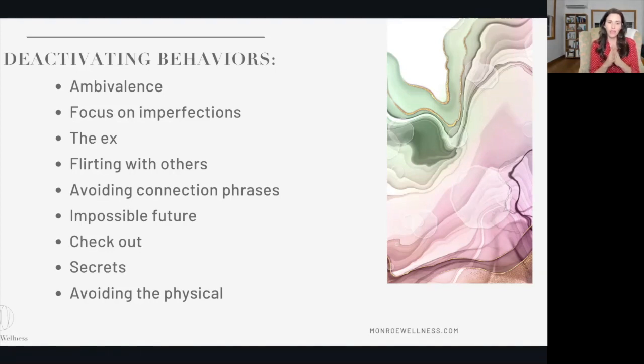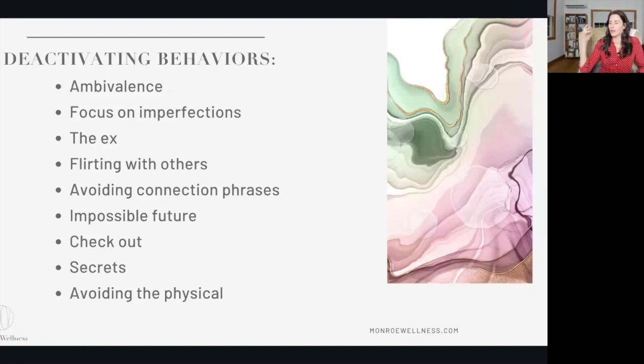The other thing that we tend to do is we have the ex complex, where we compare our current partner with the ex, right? There's something that happens with avoidance, it's really interesting. We can't see our partner clearly until we leave the relationship. And then there's this clarity of how beautiful that person was.